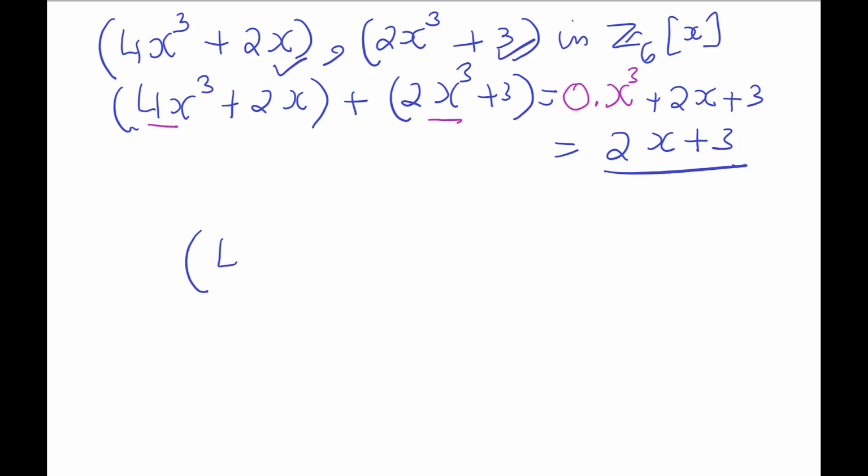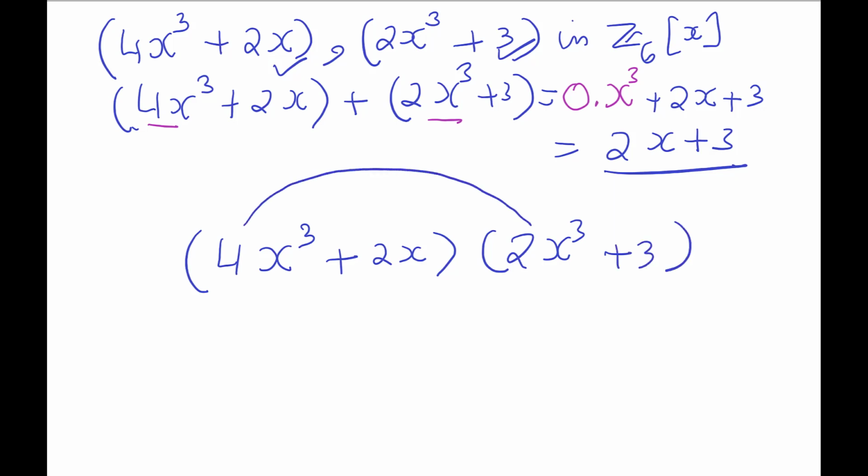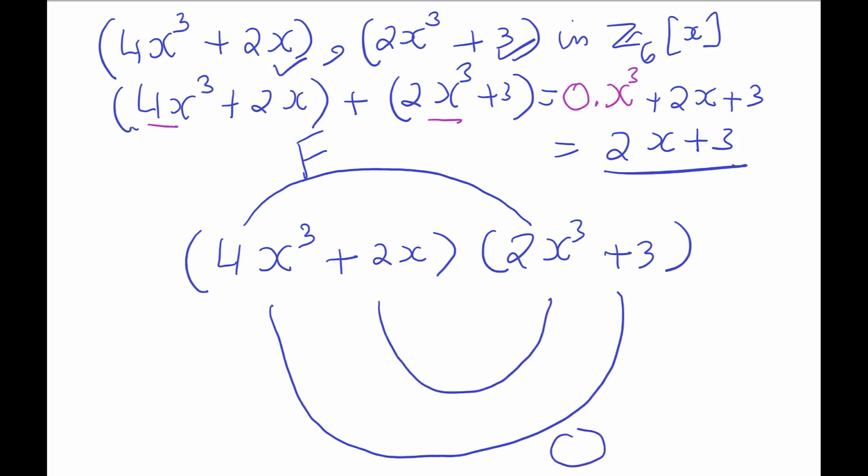Say we are multiplying them together. Let's use FOIL: first, outer, inner, last, just remembering your algebra 1 or 2. 4 times 2 is 8, modulo 6 would be 2, and x cubed times x cubed becomes x to the 6. That's the first.